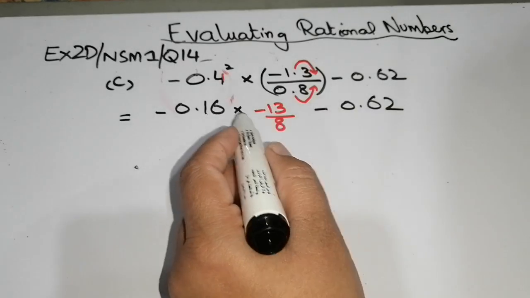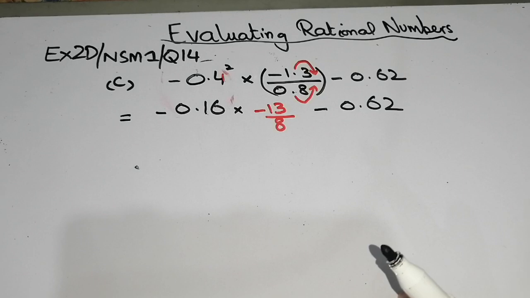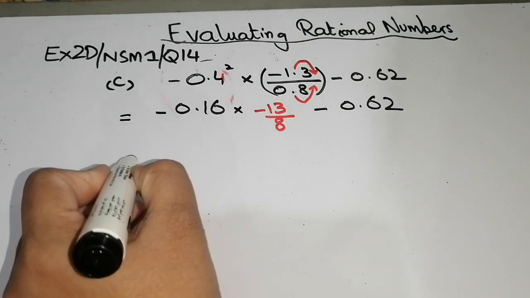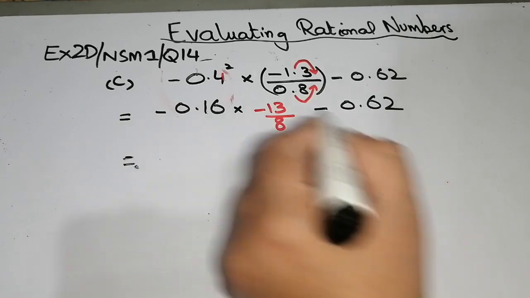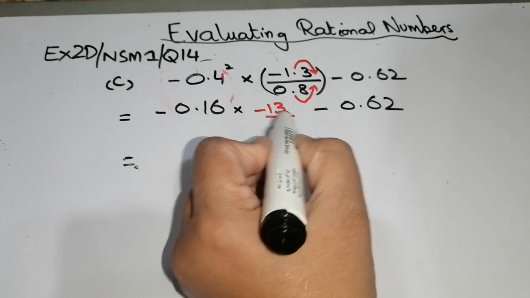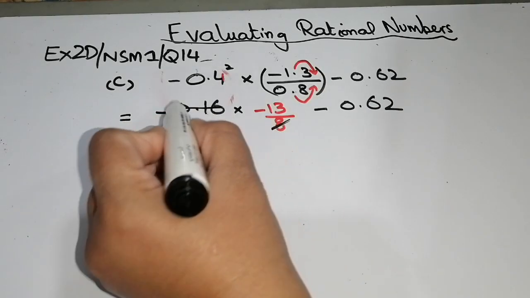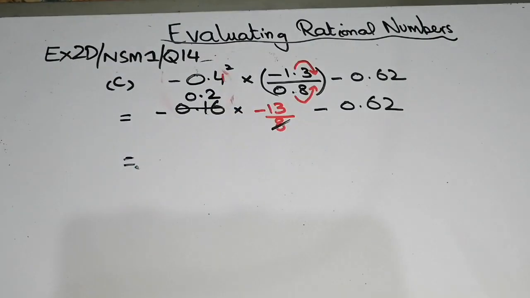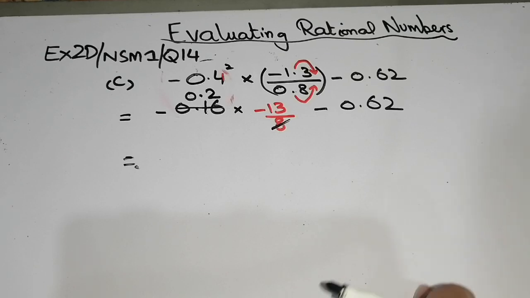Now because there is a multiplication sign between the two terms, I can simply simplify it. 8 can be cancelled with this 0.2. In the division, there is no movement of decimal.